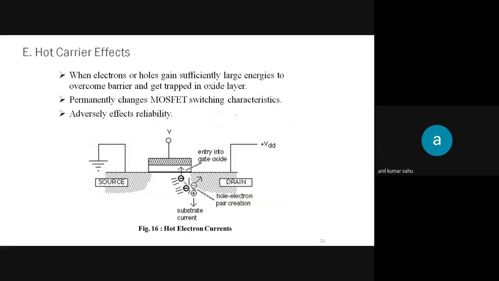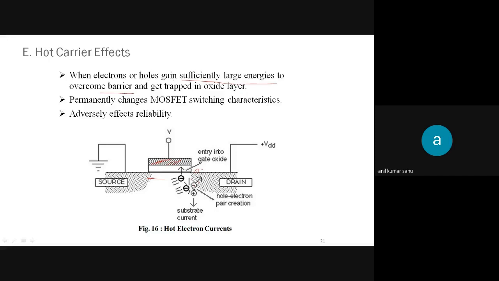Now another effect is the hot carrier effect. Whenever electrons or holes generated while increasing the electric field gain sufficiently large energy, what happens is they overcome the barrier. There is a barrier, and they get trapped into the oxide layer. This is the gate, and this is the oxide layer.